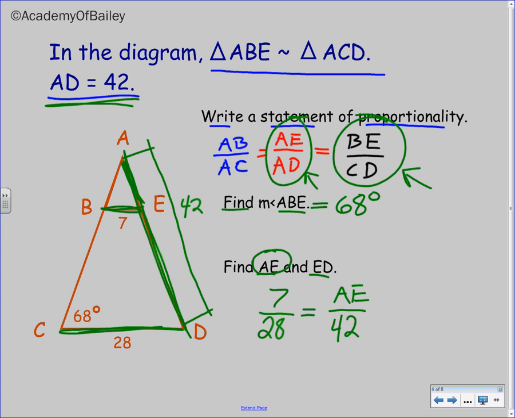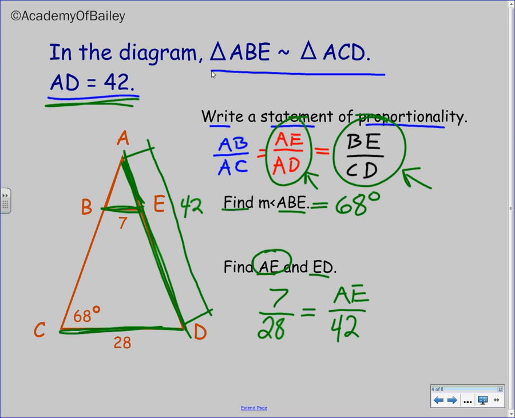All right, so now all we have to do is solve for AE. I'm probably doing some cross multiplication here, but 7 times 42 divided by 28, I'm not real interested in doing that because 7 times 42 is something like 294, and 294 divided by 28.